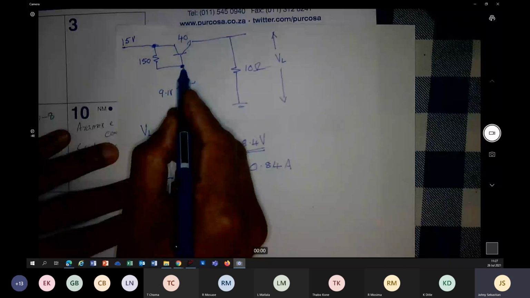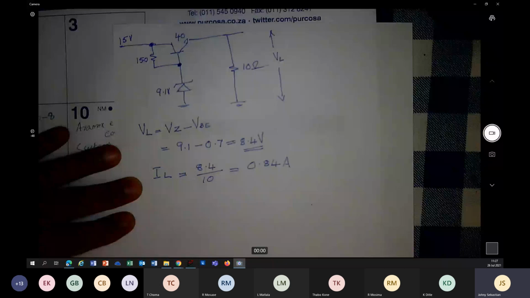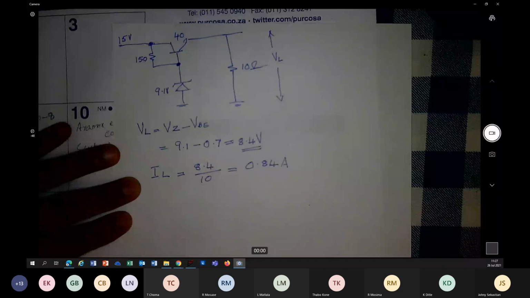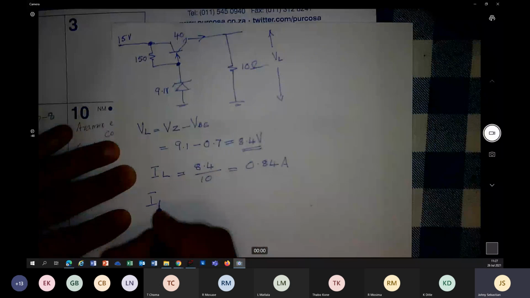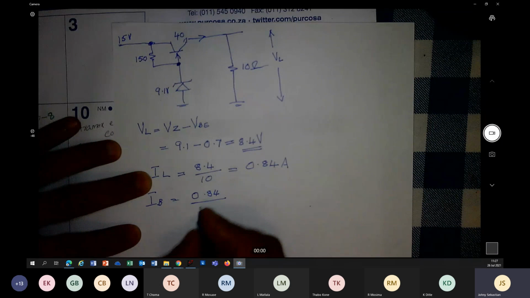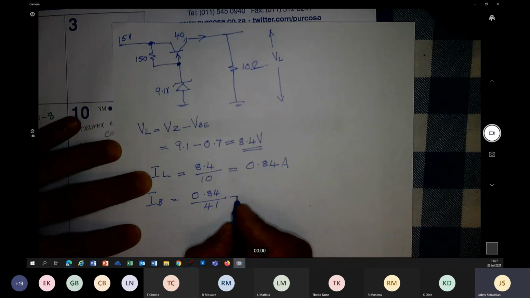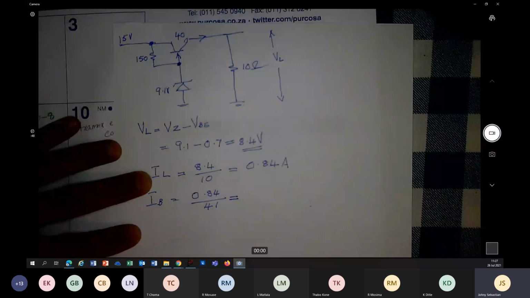So there is no other node left. What else we can do is work out the base current, because we know the emitter current. IB equals IE over beta plus 1. IE is the same as IL, 0.84 divided by 41. That is your base current. Work it out. 20.49 milliamperes.